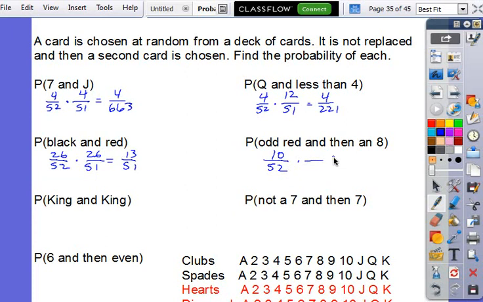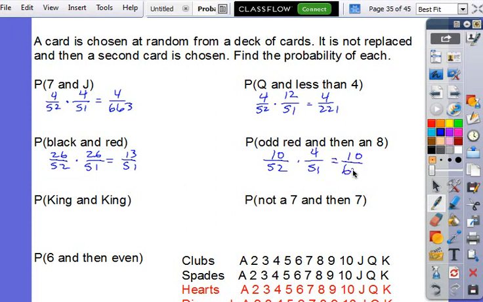How many 8s are there? 4. There's still 4 of those left out of 51 total. My answer is 10 over 663.